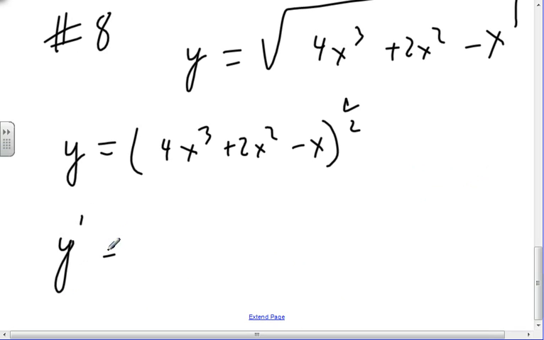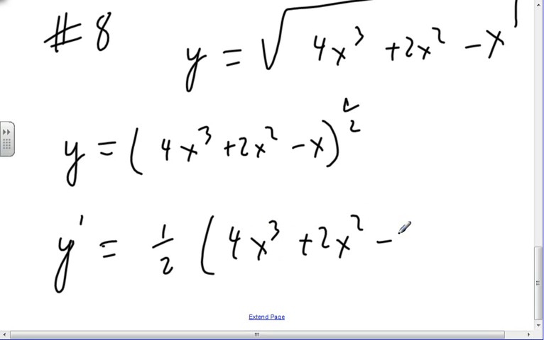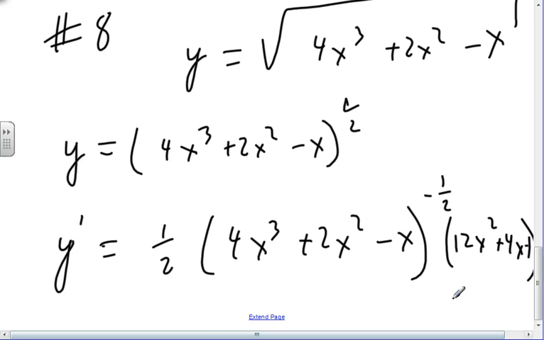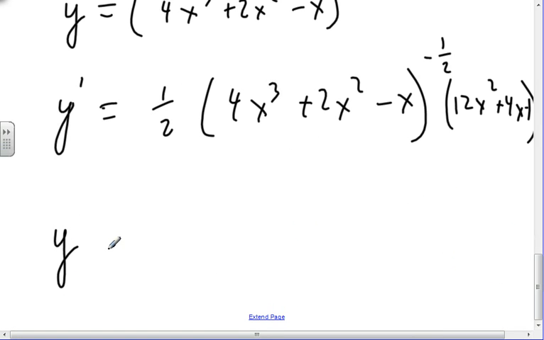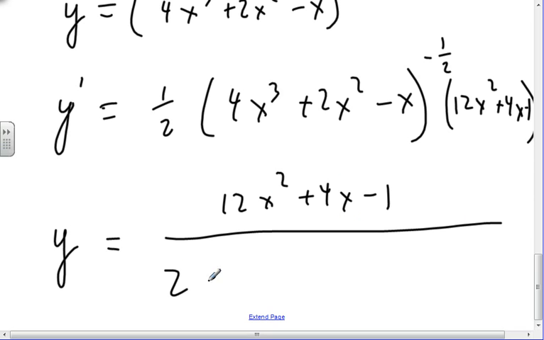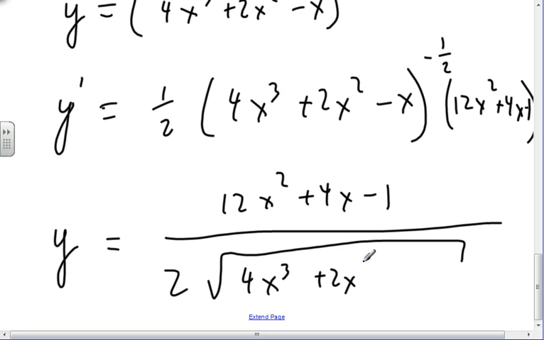So y prime would be 1/2 times 4x cubed plus 2x squared minus x to the minus 1/2 times 12x squared plus 4x minus 1. And then I'd probably rewrite that as 12x squared plus 4x minus 1 divided by 2 times the square root of 4x cubed plus 2x squared minus x.